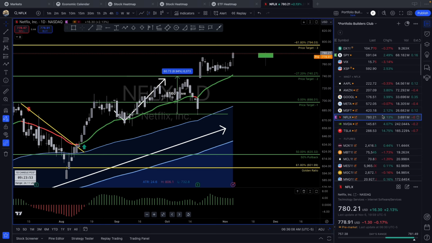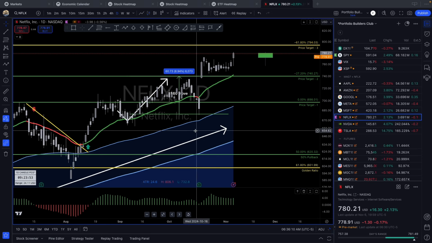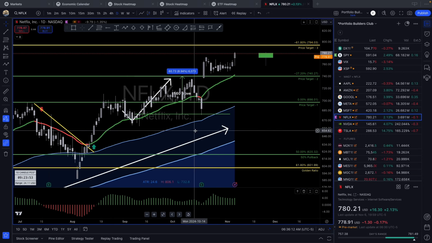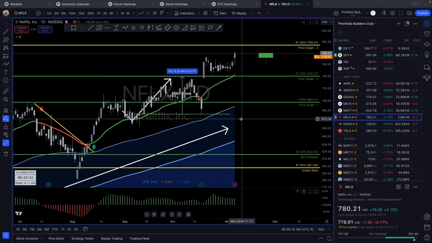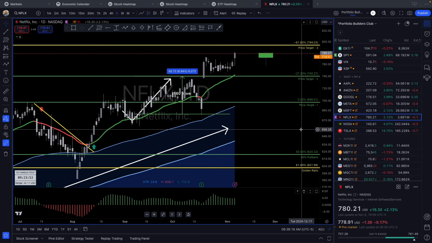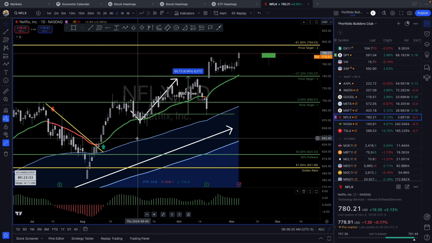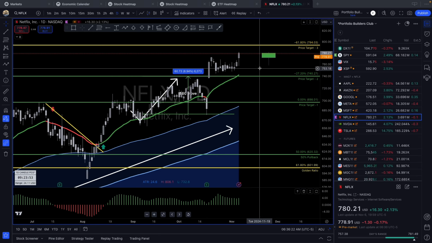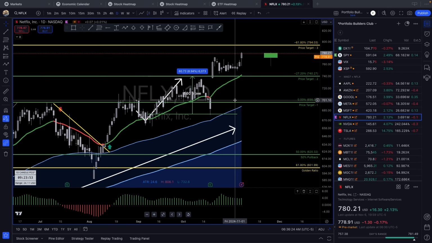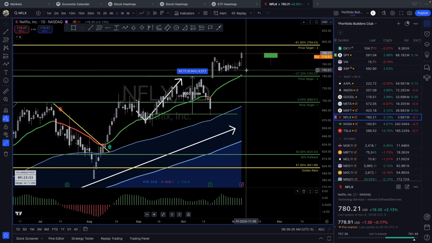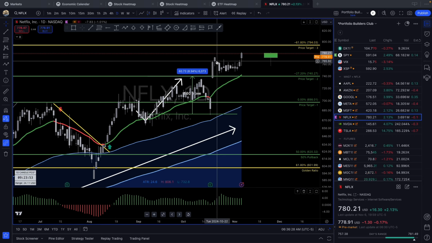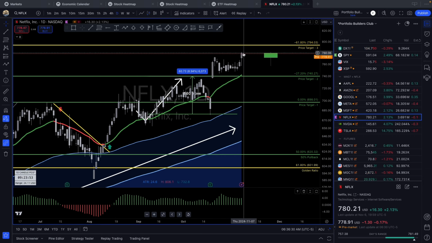Netflix. You can never count Netflix out. As much competition as they may get and that sort of thing, Netflix is always a winner, really, long term. We added here, so let's just take a look at Netflix. So Netflix is definitely moving upward, and we have some really good price action as it continues to move up.